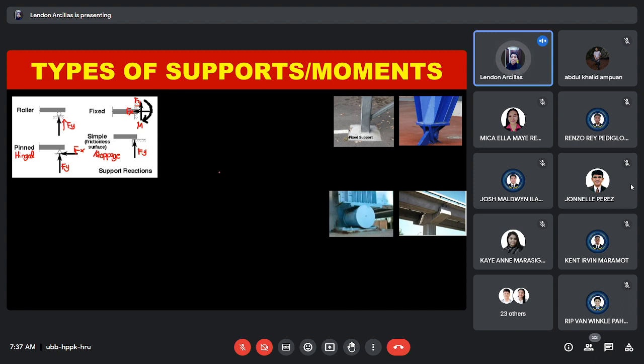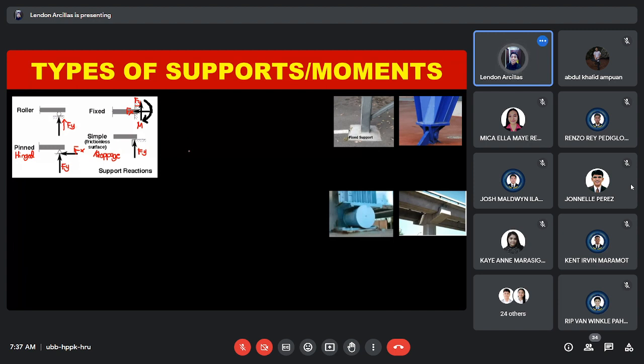So how do we apply this one to our subject? Since, di ba, sa ating hydrostatic force, yung ating sinasolve lang doon is yung value ng F or yung hydrostatic force, and also the location of that force. So what if may meron tayong mga support dun sa ating hinge? So meron na tayong mga summation of forces on the vertical and the horizontal.